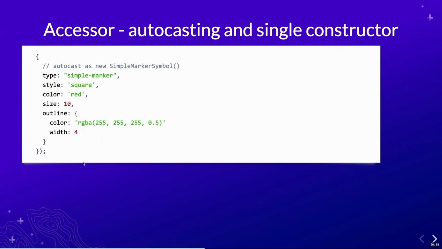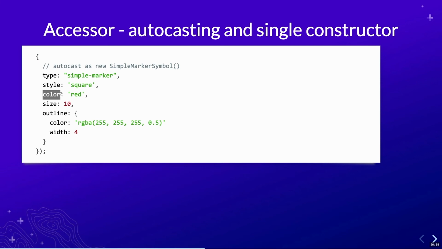Autocasting. So this is really neat. Here's how you can do autocasting with a single constructor. You just provide an object that's going to look like the class that you want to create, and we'll go ahead and do the autocasting for you. So here what we're doing is defining an object for a simple marker. We just tell it what type we want, the style, color.